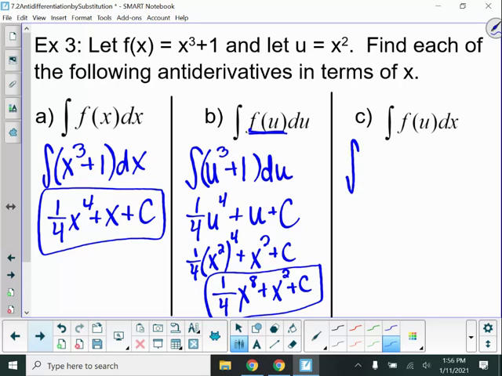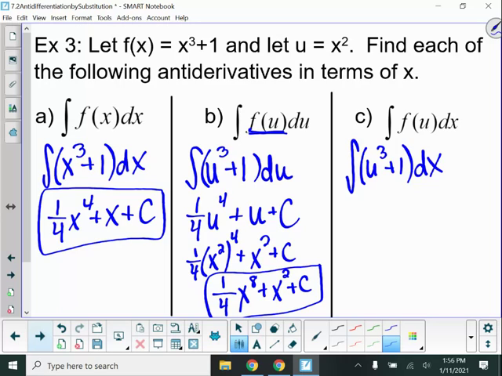So this one is going to be the integral of u cubed plus 1 and then dx. Well, that's all well and good. However, I can't take the antiderivative with respect to x if I don't have any x's. So for part C, I actually have to change the u into an x before I do an antiderivative rather than waiting until after.